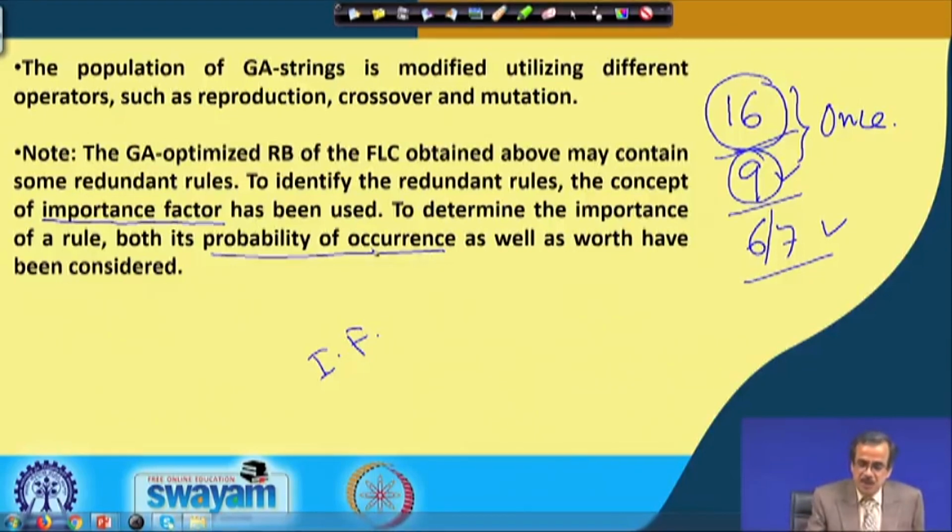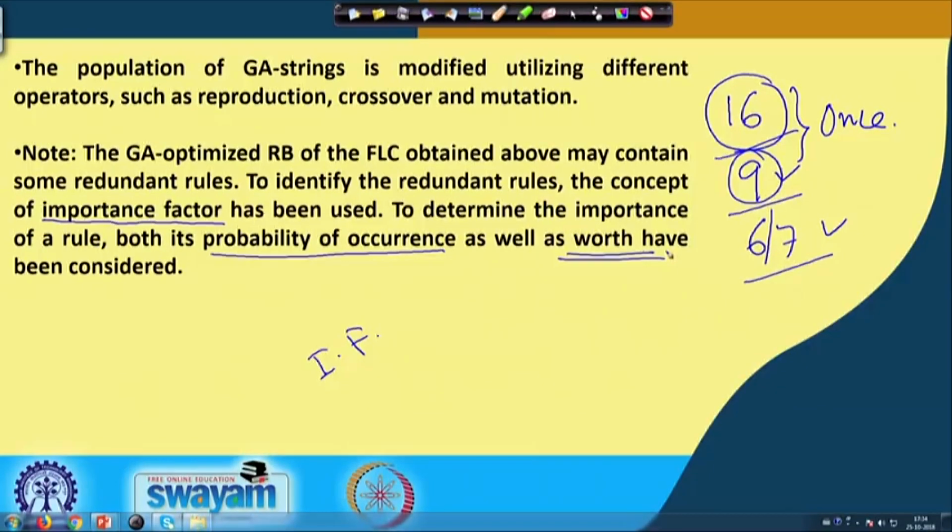Moreover, we try to find out what should be the worth of a particular rule. This worth is decided by, for a set of inputs, what is the output. Now, out of these 16 rules, the importance of all the 16 rules may not be equally good. So, we represent the importance of each rule on a scale of 0 to 1.